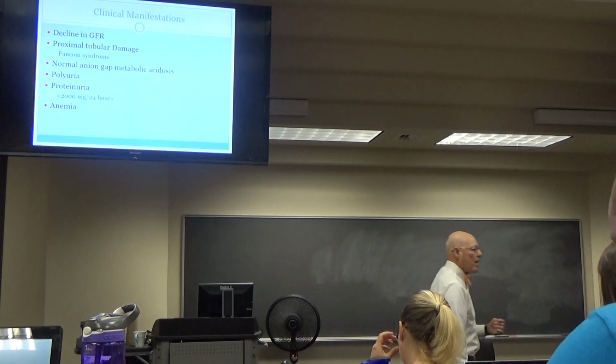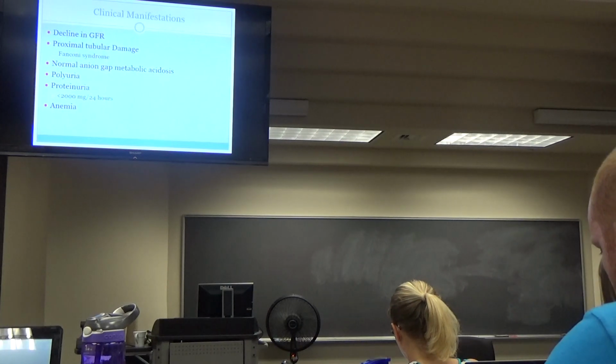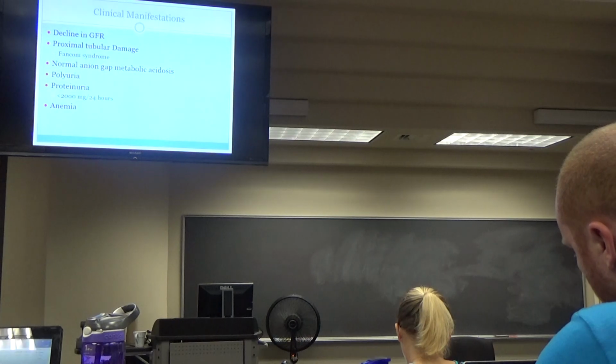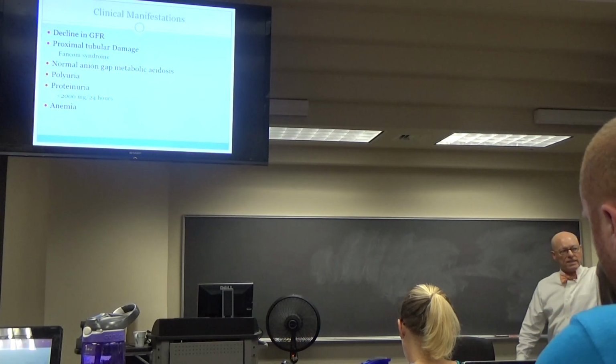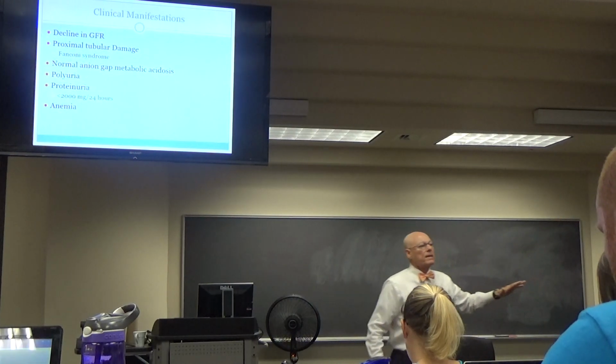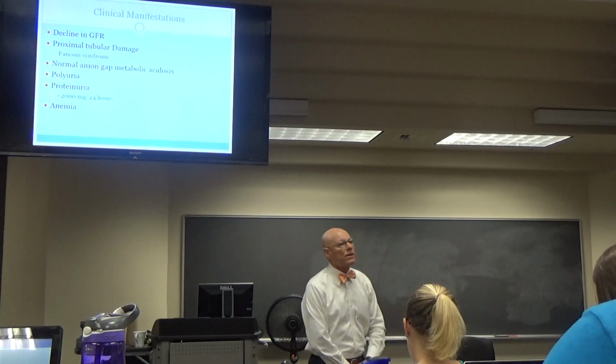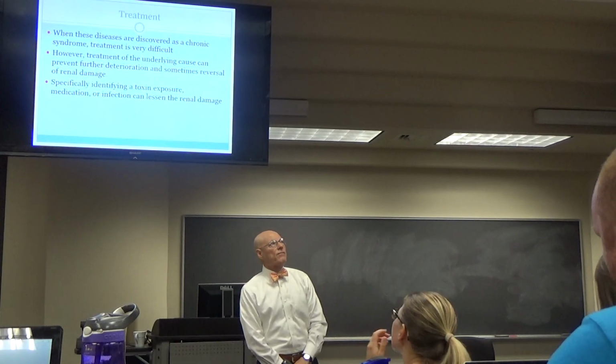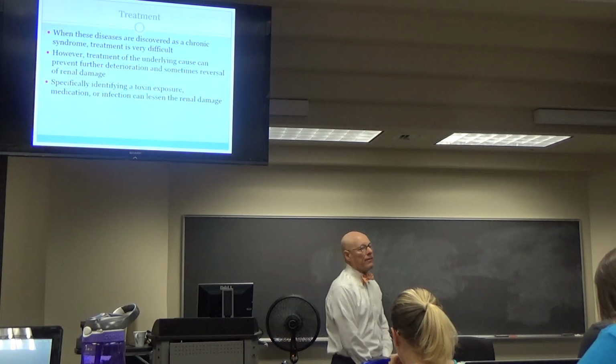Now, the problem with this business is it's like all clinical medicine. It's really super ambiguous. They may have one of these, two of these, or all of these. You just can't tell. When these diseases are discovered as a chronic syndrome, treatment's very difficult.